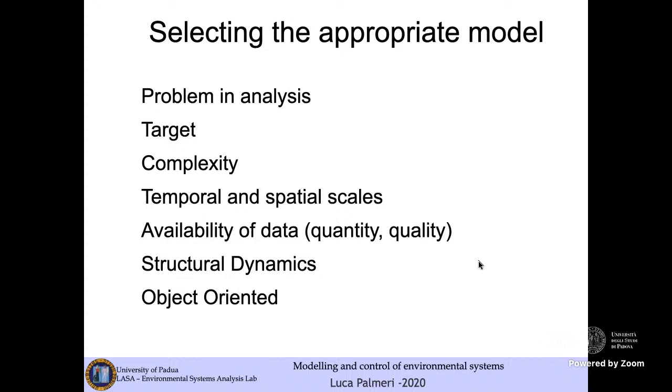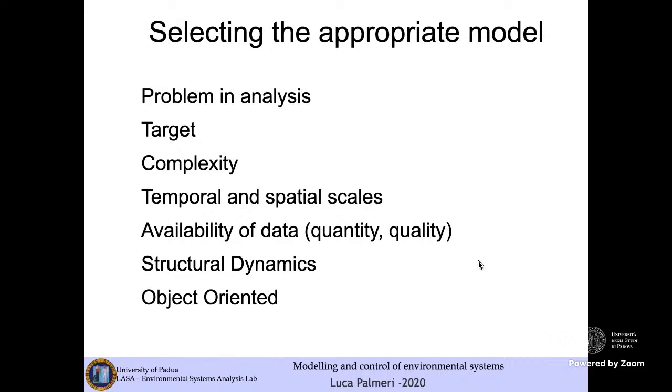So now let's switch to the non-trivial problem of selecting the appropriate model for the issue you're dealing with. The selection of the appropriate model, of course, depends on the problem in analysis.